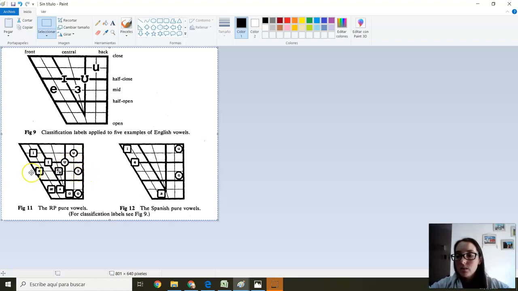Then we have mid for all this line, for E, for O, and for the schwa as in about. Okay, these are all mid, and we have back mid for all, central mid for the schwa, and front mid position for E. And then we have the open ones, A and O. Yes, they are between open and half open.